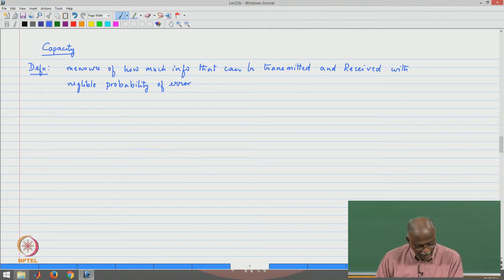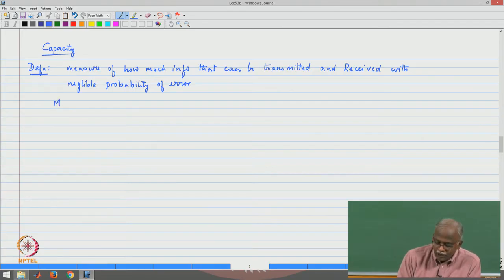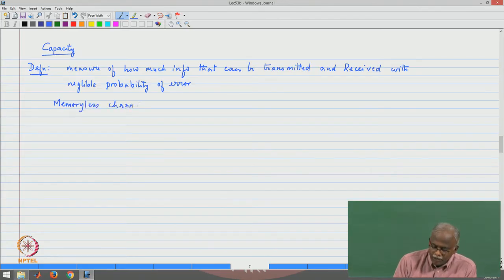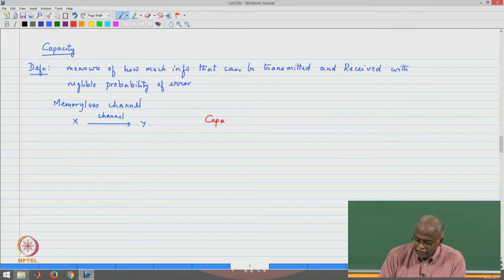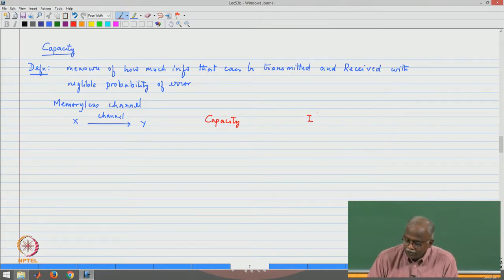So now when we have a memoryless channel where the signal X is transmitted and Y is received through the channel, in such a situation we introduce the notion of capacity. So we introduce capacity as the mutual information, I, between X and Y.